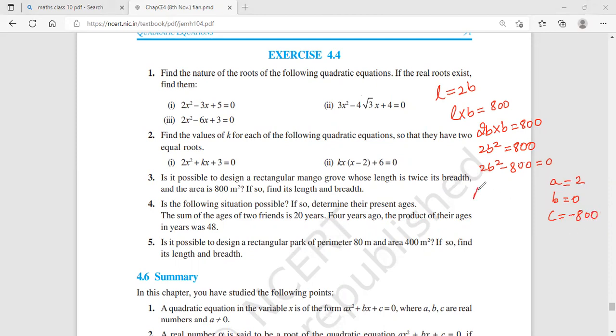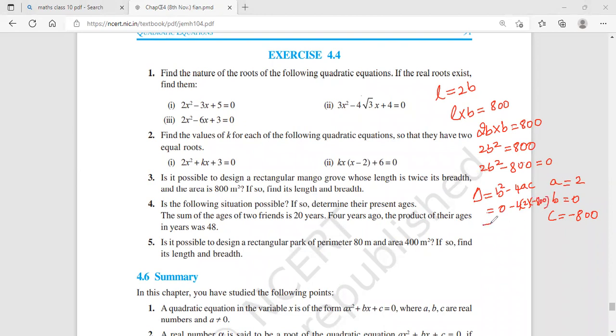What is delta? Delta is b square minus 4ac, isn't it? Now what is b? B value is found to be 0. So 0 square is 0 minus 4, a value is 2, and c value is minus 800, isn't it?